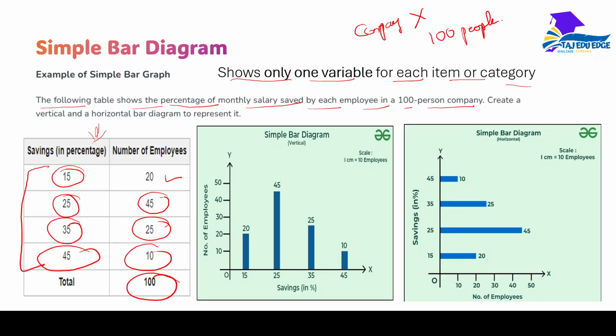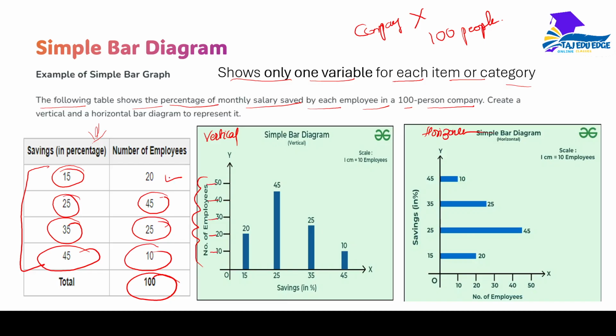So can we present it in a proper bar diagram? Yes, you can see it here. This is a vertical bar diagram, whereas this is a horizontal bar diagram. You can see here the number of employees: 10, 20, 30, 40, 50.